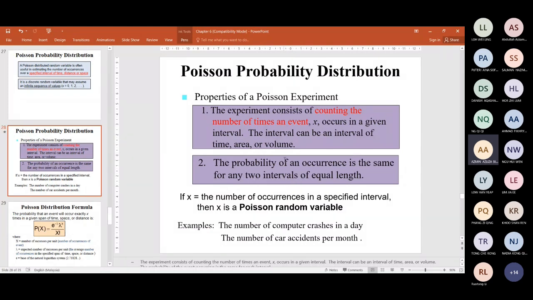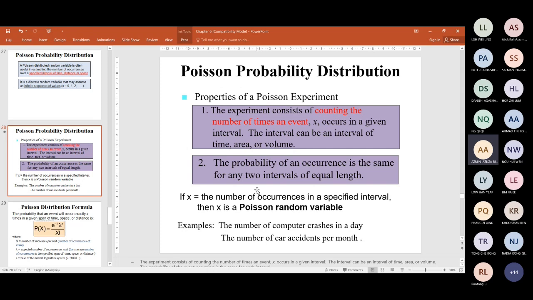If X is the number of occurrences in a specified interval, then it's a Poisson random variable. So if you can see in the question there is a specified interval of time, for example, then it is actually a Poisson problem. It's easy to identify whether it's Poisson or binomial.